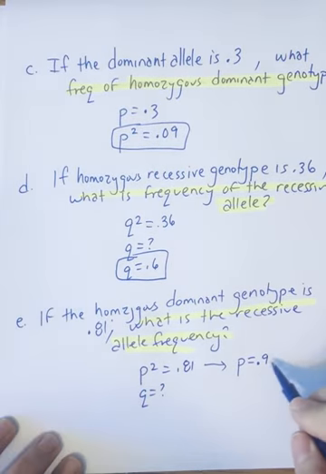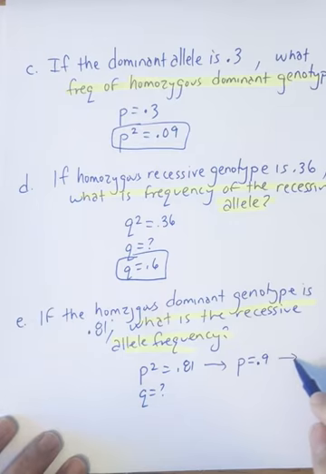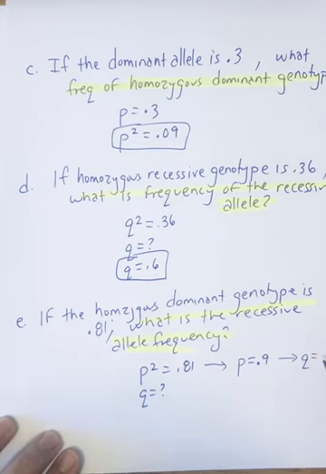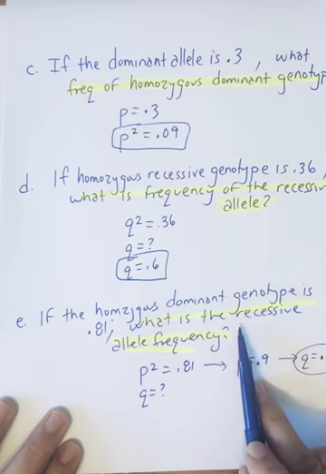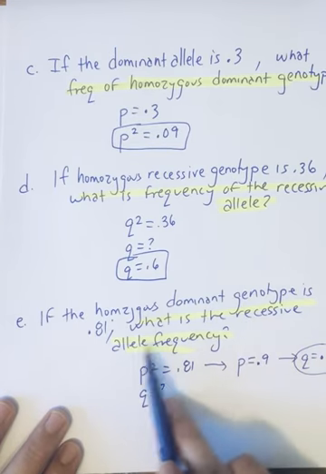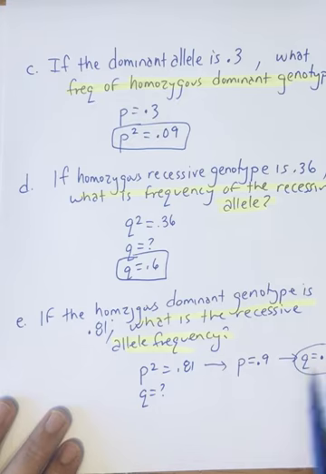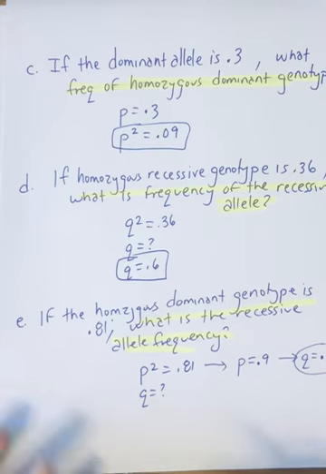Again, if P is 0.9, then that means Q is equal to 0.1. 1 times 1. There you go. The recessive allele frequency. I already figured it out. If I asked what was the homozygous recessive genotype frequency, you would say 1 times 1 is 0.01. You're done.